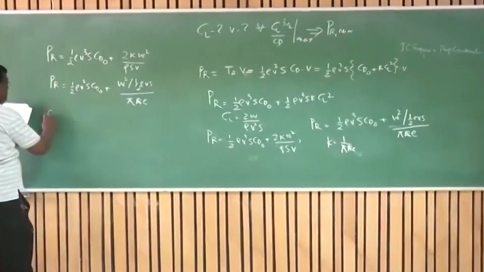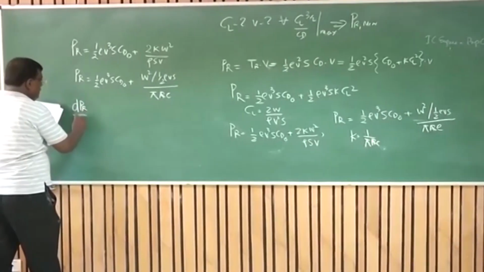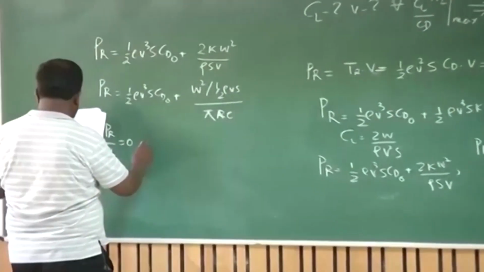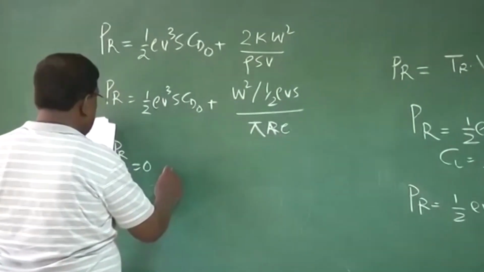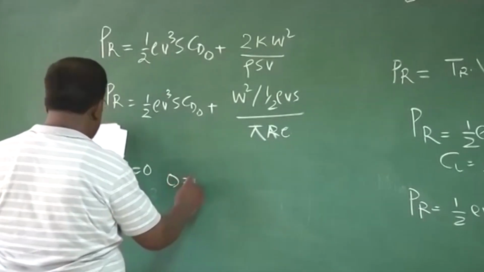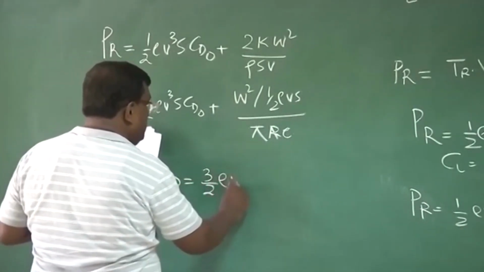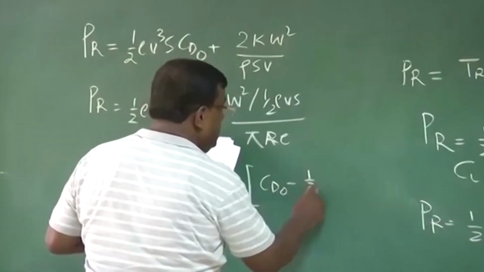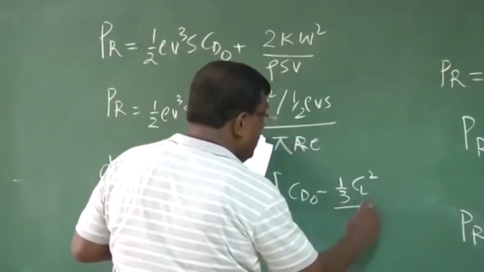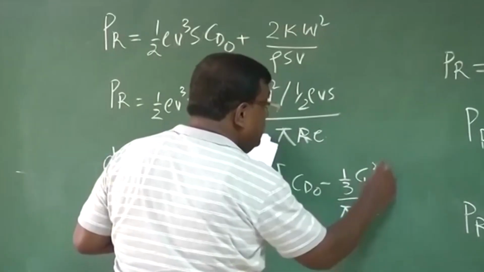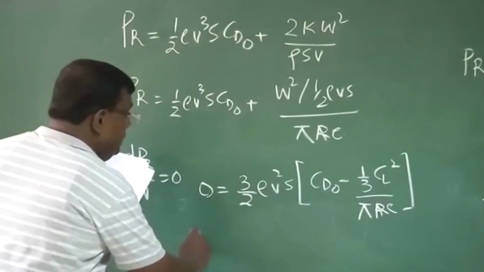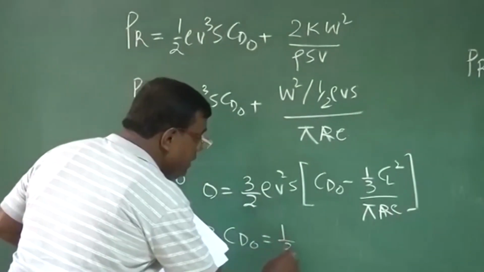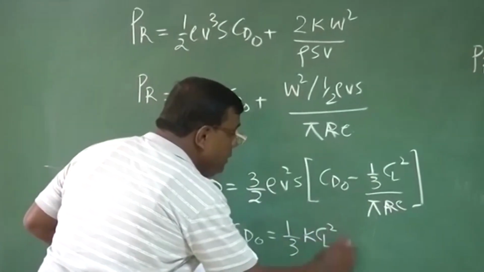So I will now take a derivative, dPR by dV equal to 0, and that will give me an expression which you can check. 0 is equal to 3 by 2 rho V square S CD naught minus 1 by 3 CL square by pi aspect ratio e, which implies CD naught equal to 1/3 K CL square.